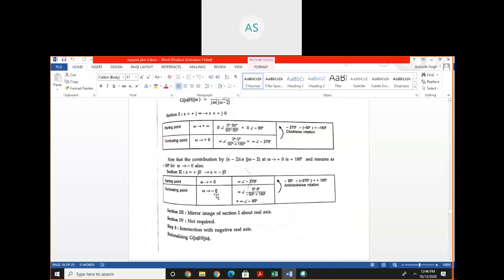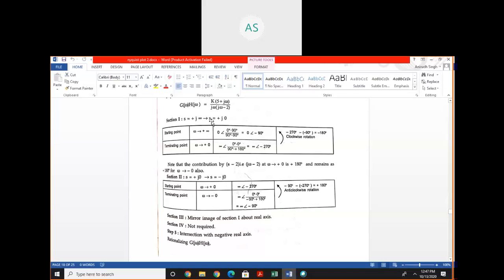In the first case, magnitude is 0, angle is 90, and the terminating point is infinity and minus 270. So this is the polar plot for the given open loop transfer function.